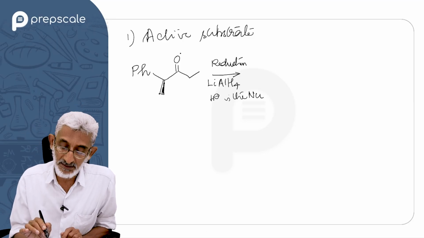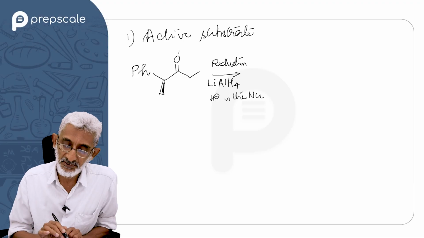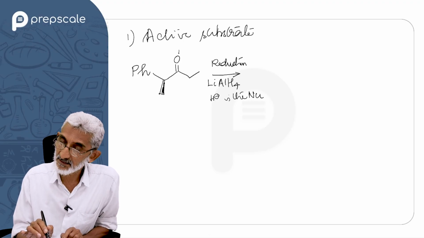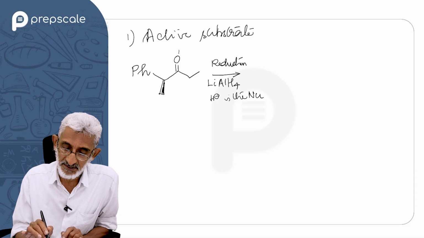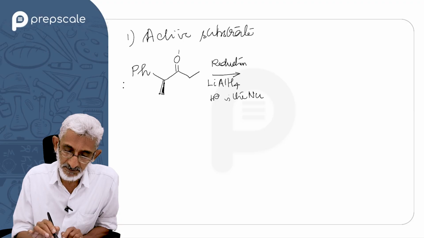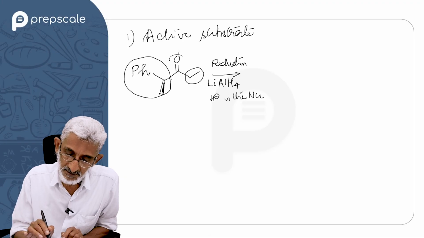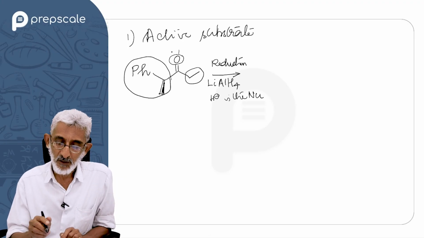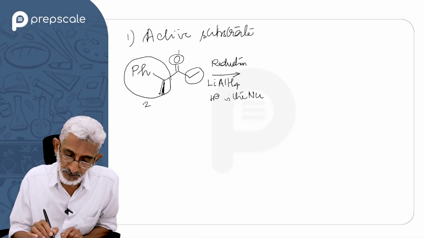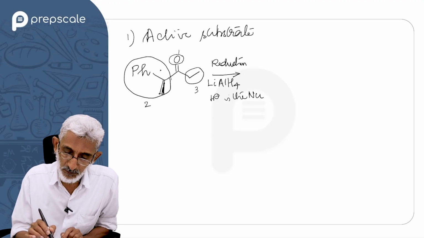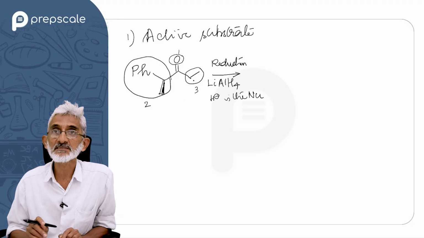You assign priorities to the different groups around the double bond. Oxygen has the highest priority, which is attached to this carbon. To this carbon, you have the ethyl group and this whole group. So these are the three groups. One, this group is 2, and this is 3. So 1 to 2 to 3 is anti-clockwise.